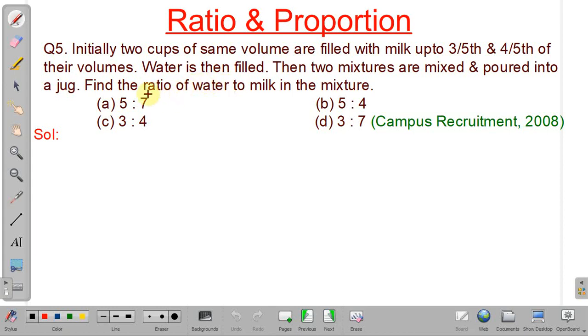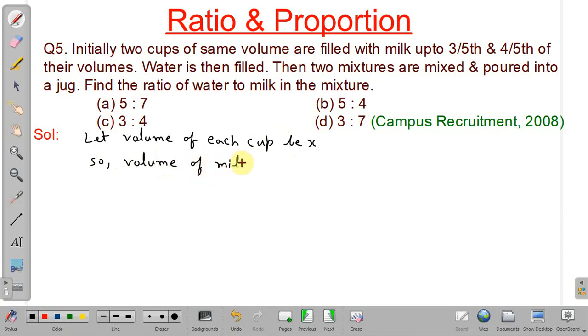So how can we find it? First we will assume the volume of each cup. Let the volume of each cup be x. So the volume of milk in the first cup is 3/5 times x.